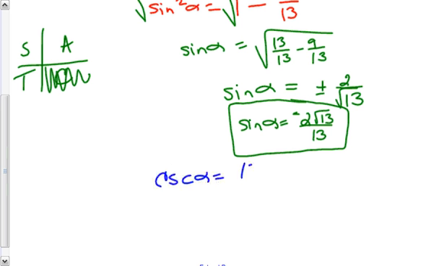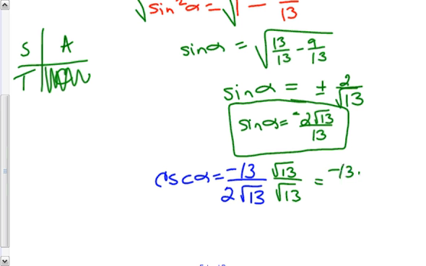I flipped this one upside down, so it's negative 13 over the square root of 13. I have to rationalize the denominator here. This is going to give you negative 13 square root of 13 over 13, the 13s cancel, and you get negative square root of 13.